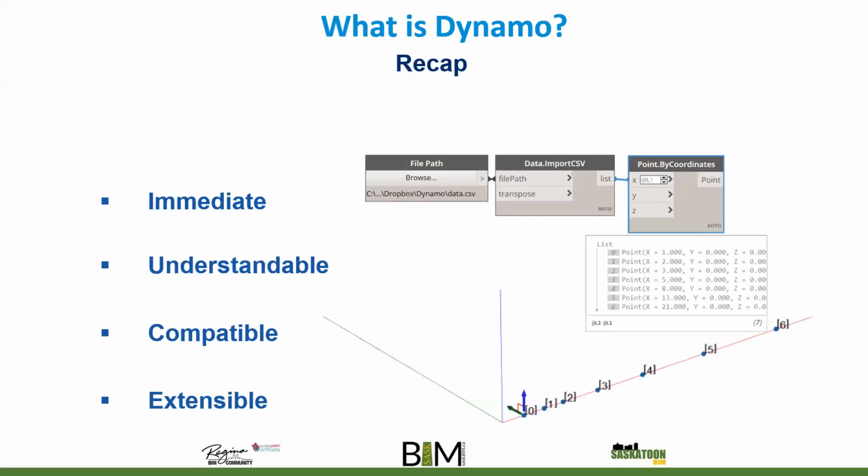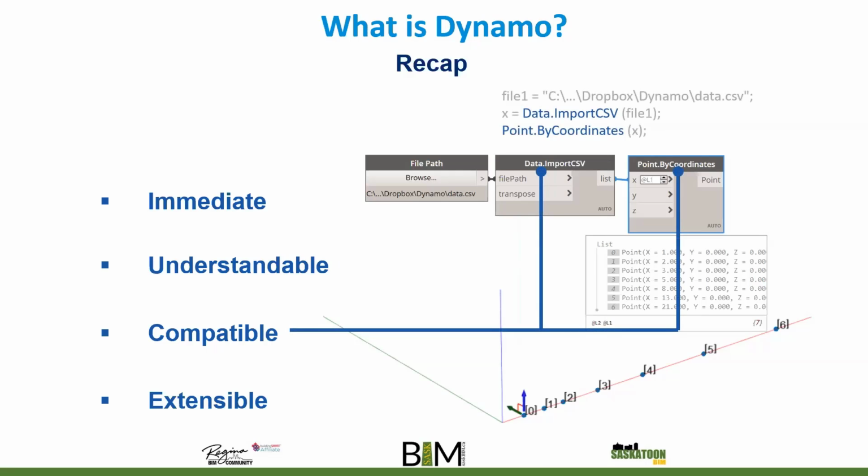And to give you an idea of what that looks like with an actual graph, it's immediate. As soon as we put this information from a CSV file into Dynamo, we see those points charted on a graph instantaneously. It's understandable. We understand that those XYZ coordinates are exactly that. And when we see the graph, we understand that we're at 0, 1, 2, 3, 4, 5, and where they are based off a simple XYZ coordinate system.